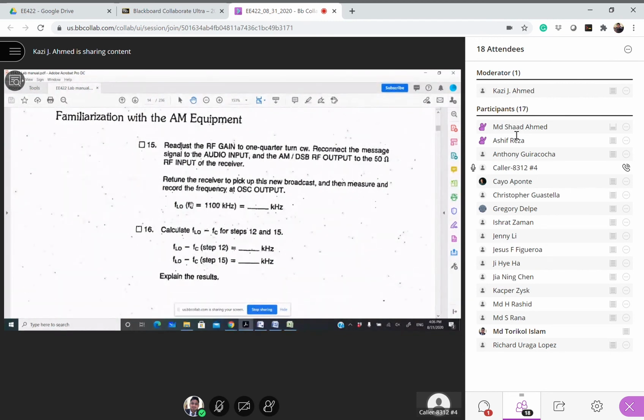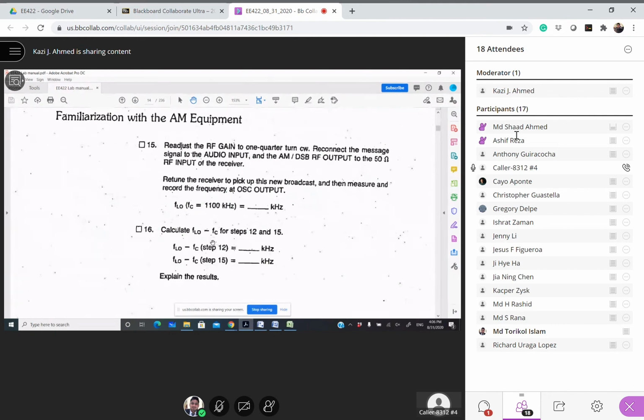So then what should the frequency of the local oscillator be so that you now tune to this new carrier, right? Again, it's straightforward: 1100 kilohertz plus 455. You have to make the local oscillator that value so that you can pick the new carrier.